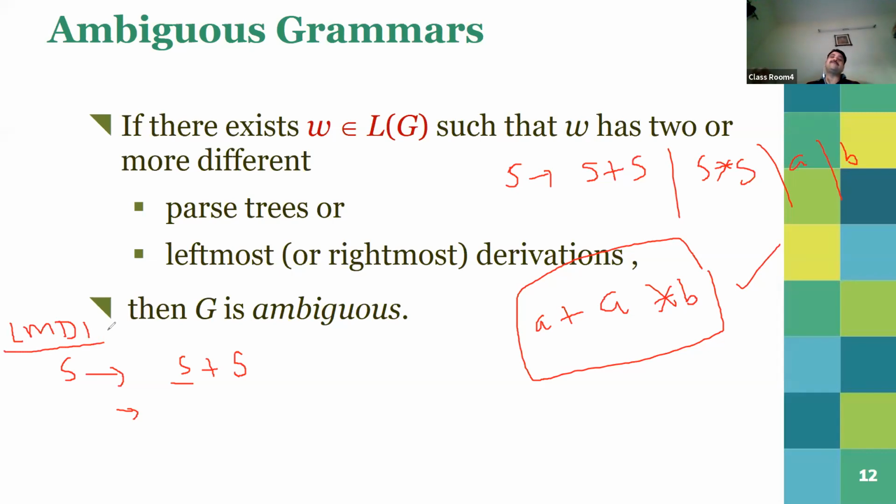If more than one leftmost derivation exists, then you can declare that the given grammar is ambiguous. So simply expand this S as per the required string: in place of this S, we can place a, because it is given to you. So a + S, and now there is only one variable, so we can expand it.